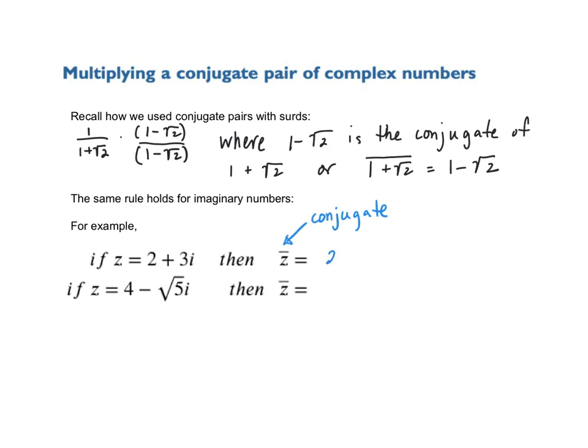So with complex numbers, again, that line means conjugate. This was plus, so I make it a minus. This is minus, so I make it a plus, and it's always the imaginary part.